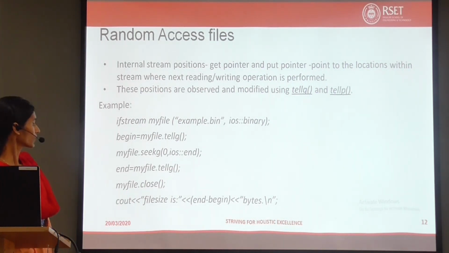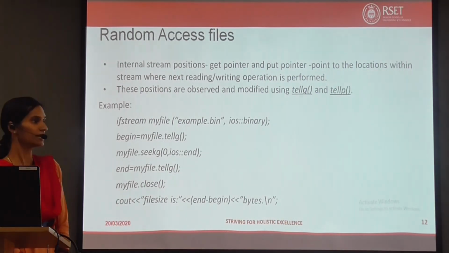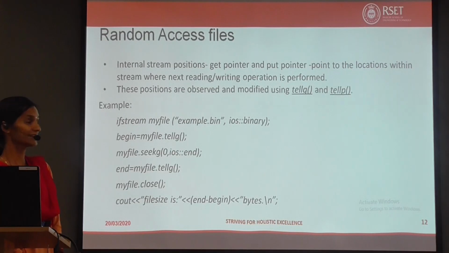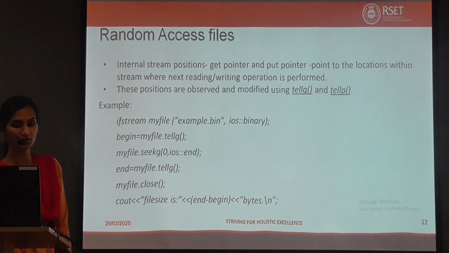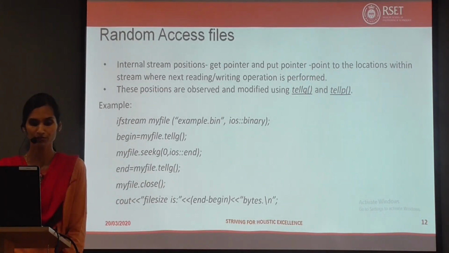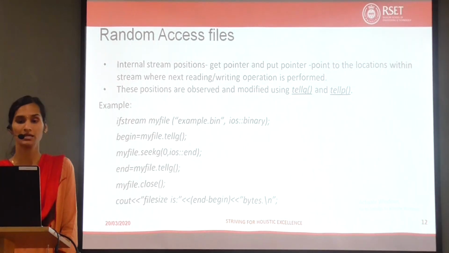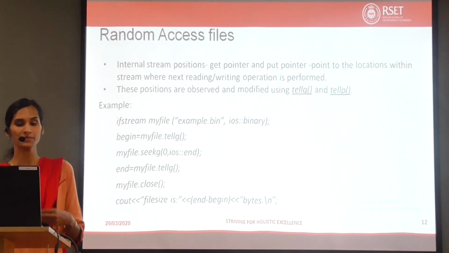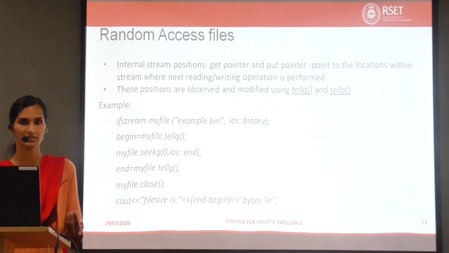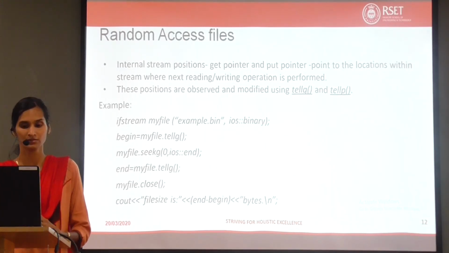Now another variable end is also used where I will tell it to go to the end of the file to find out that position. And once I close the file, I write down what is the size of the file, which will be just end minus begin. These are the variables which I use to find out where my file starts writing and where my file ends writing.